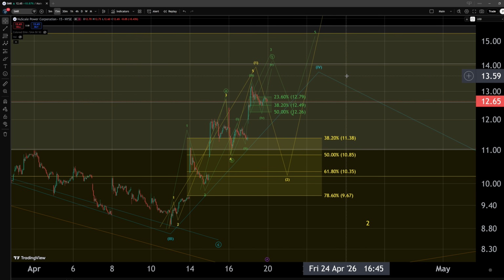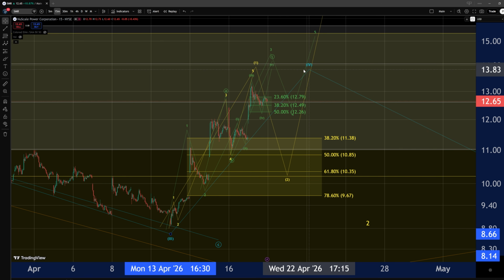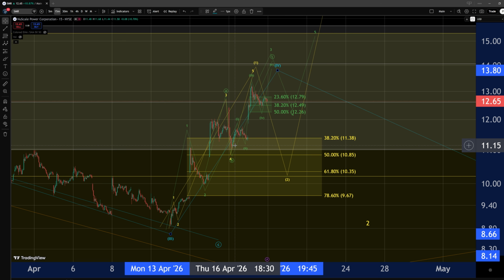I might need to consider it very likely that this was just a wave 4 within the blue structure, and we would see one more low before having a more substantial bottom.